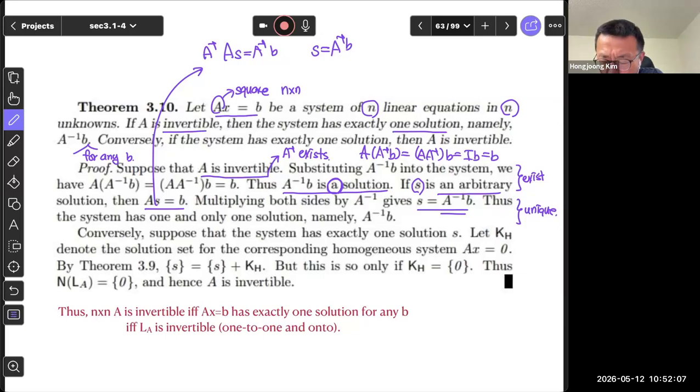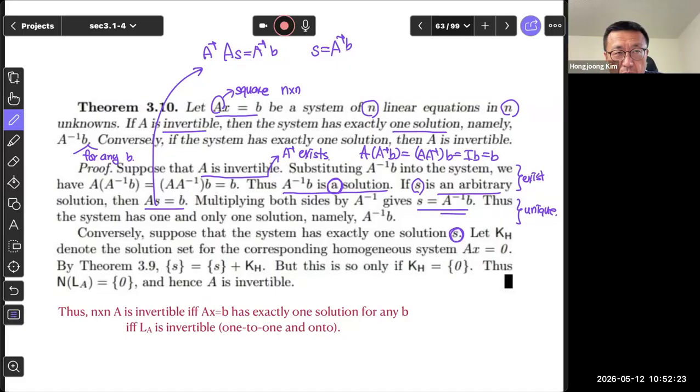Now, suppose that the system has exactly one solution, S. And let K sub H denote the solutions to the homogeneous problem.